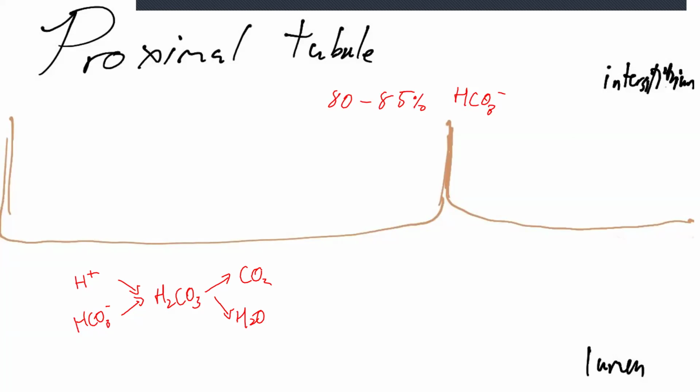Now CO2, because it is non-polar, because it is hydrophobic, it can diffuse freely across the cell membrane, where it's going to go backwards across this same equation, right? So it'll go back into H2CO3, back into H+ and bicarb, and so we end up with HCO3 and H+, and then this bicarbonate will go out into the interstitium and get reabsorbed.